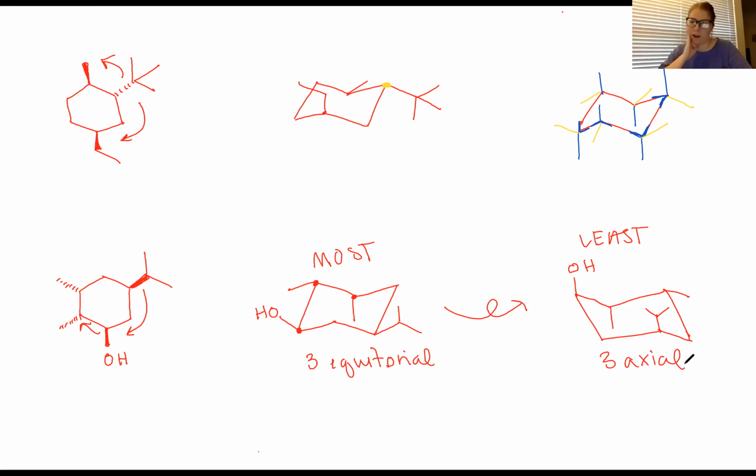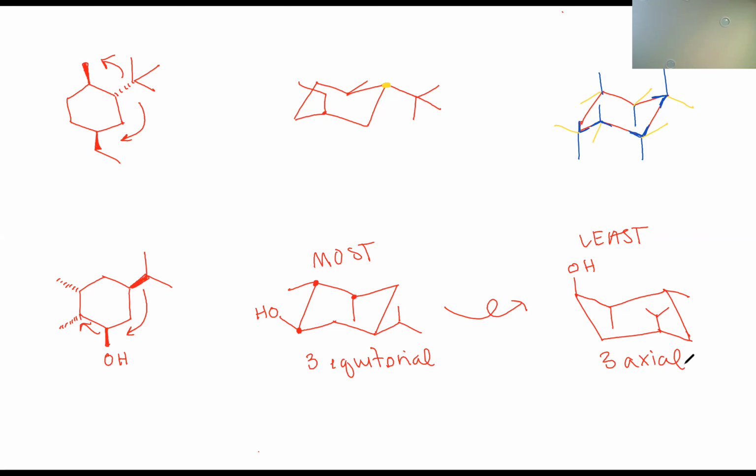So after you start with the most stable one, you put the OH equatorial, but then you also put the methyl equatorial. So how are you able to put them both like that? You don't have to flip flop every time.